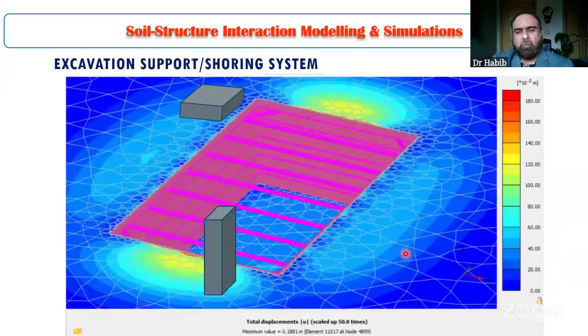So there are so many questions that cannot be answered using empirical systems. We can answer all these questions through SSI modeling only. Now you can see here, after running this model, we have seen that there is a tendency of settlement over here, and lesser on this side and lesser on this side because of the struts' presence.